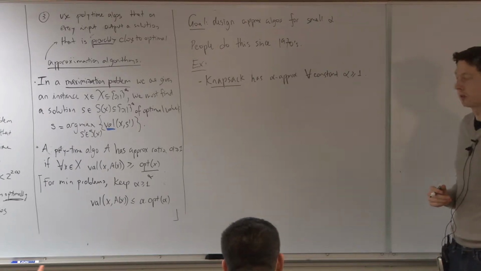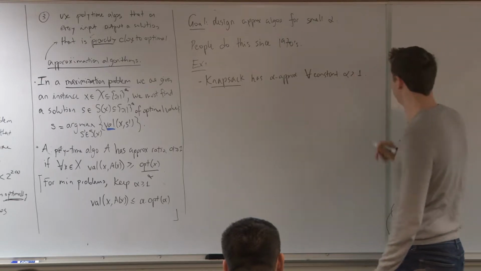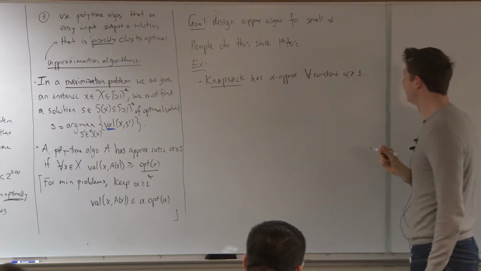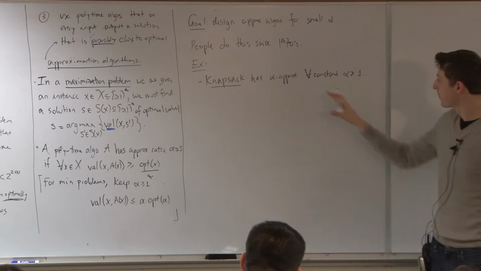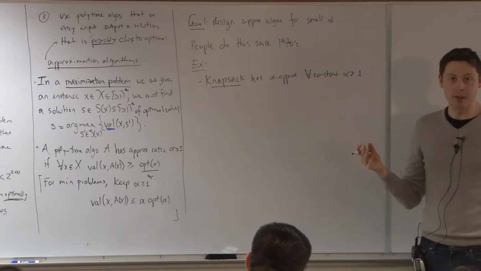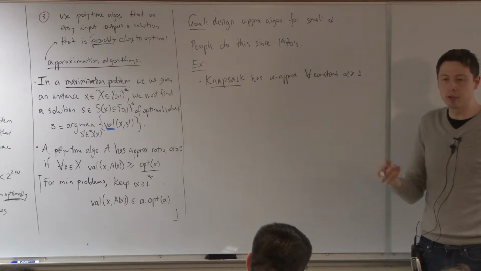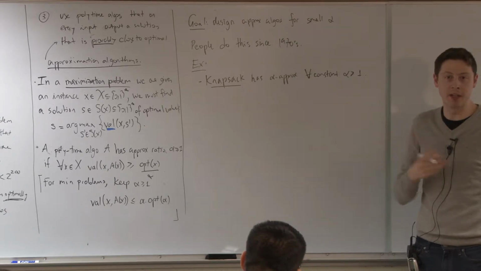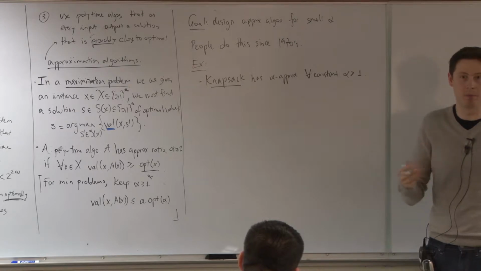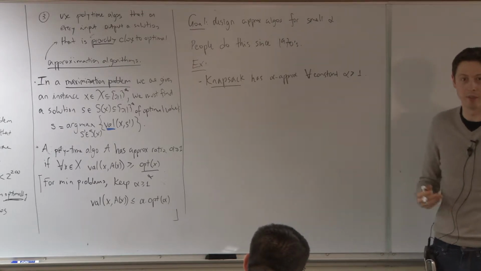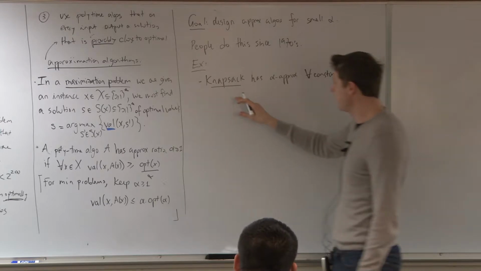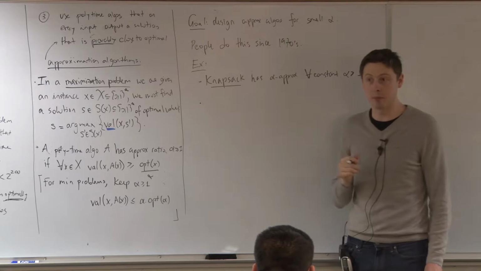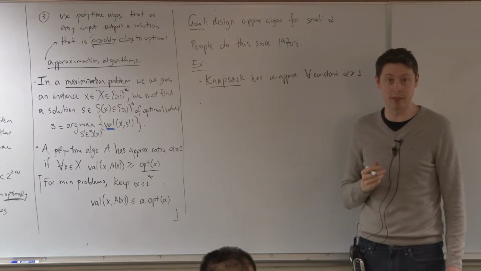It's so good that you might even wonder whether knapsack being NP complete has any consequence for the actual problems. But this is just knapsack. It doesn't necessarily mean that all NP complete problems have this behavior.